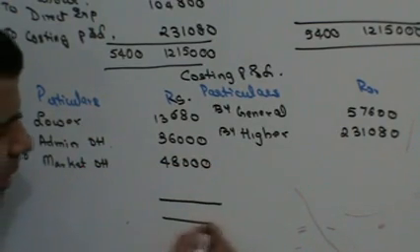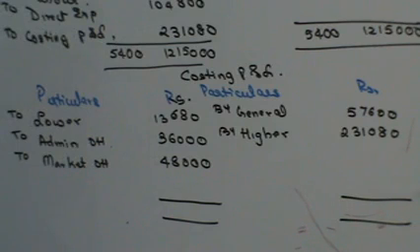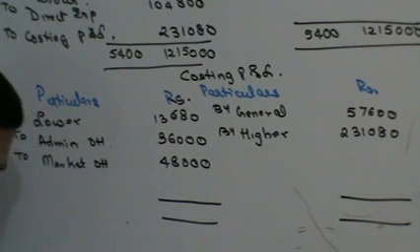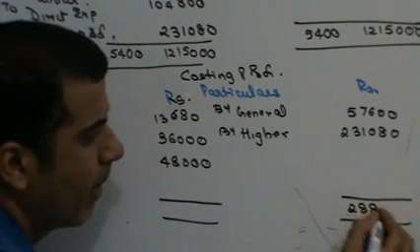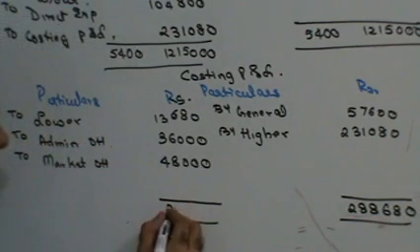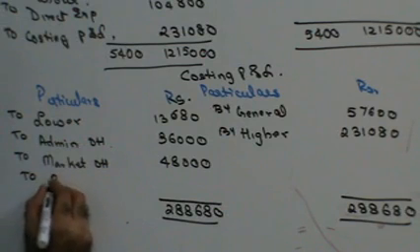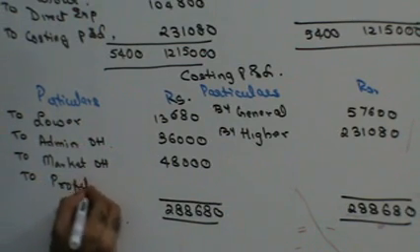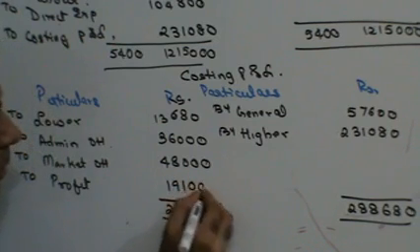So when you tally this will give you your net profit. Now 57,600 plus 2,31,080 is 2,88,680. This is going to be to net profit, which is going to be 1,91,000.